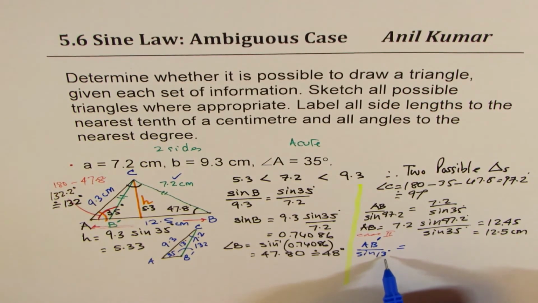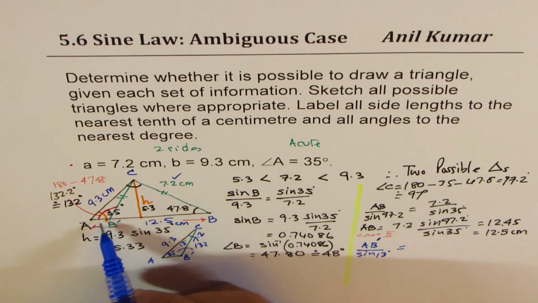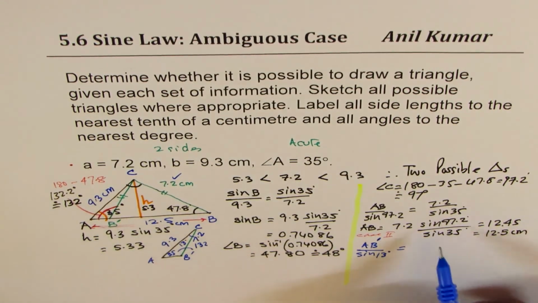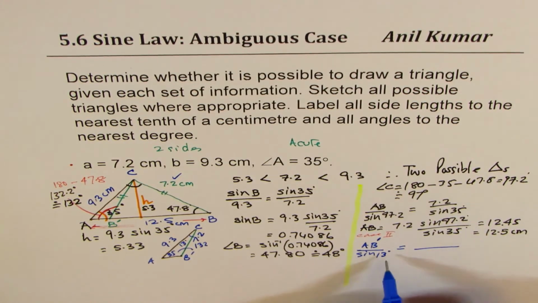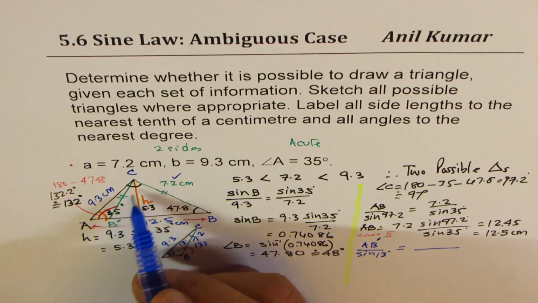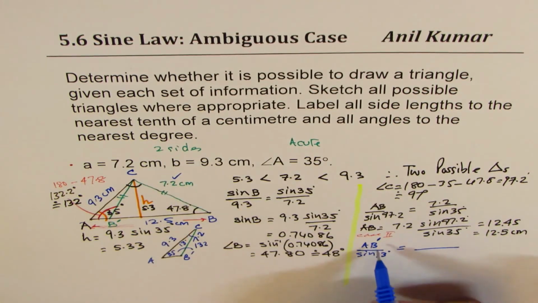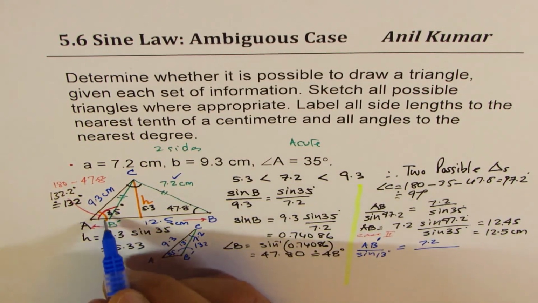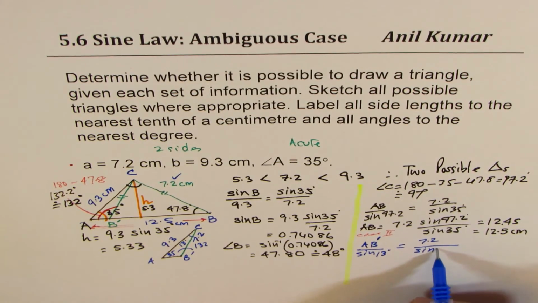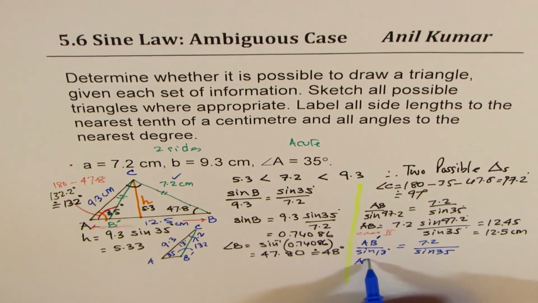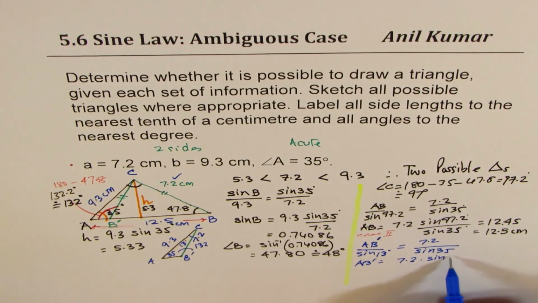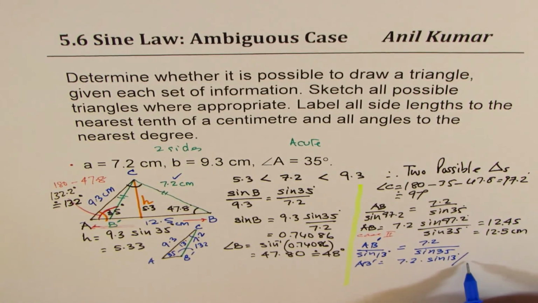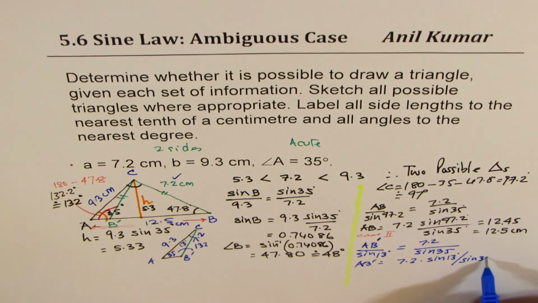I'm not using 1 decimal value. Remember that. Now what we know here is this combination, or we can use 35 and 7.2 also, that's better. So the side is 7.2 and this angle is 35. And therefore, AB dash equals 7.2 times sine 13 degrees divided by sine of 35 degrees.